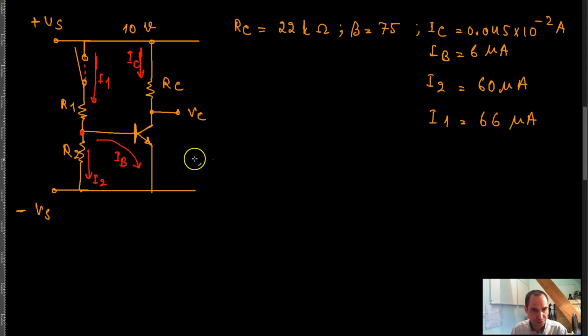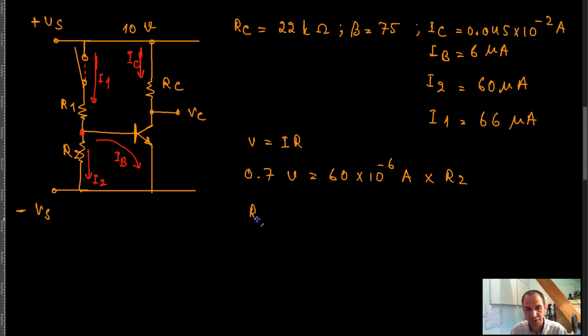The resistors, applying Ohm's law to R2, we have V is equal to IR. The voltage drop across this is 0.7 volts, and the current going through that is I2, which is 60 into 10 raised to the power negative 6 amps times R2, which means that R2 is the same thing as 0.7 volts divided by 60 into 10 raised to the power negative 6 amps.